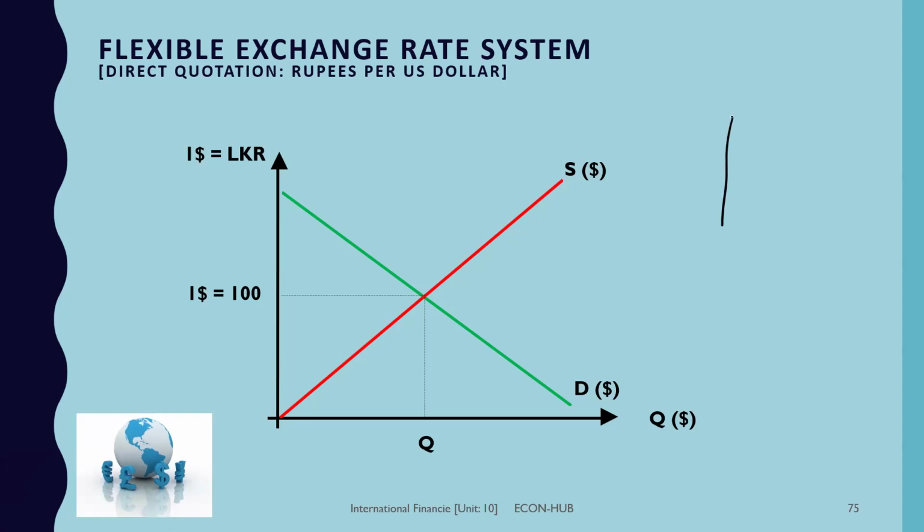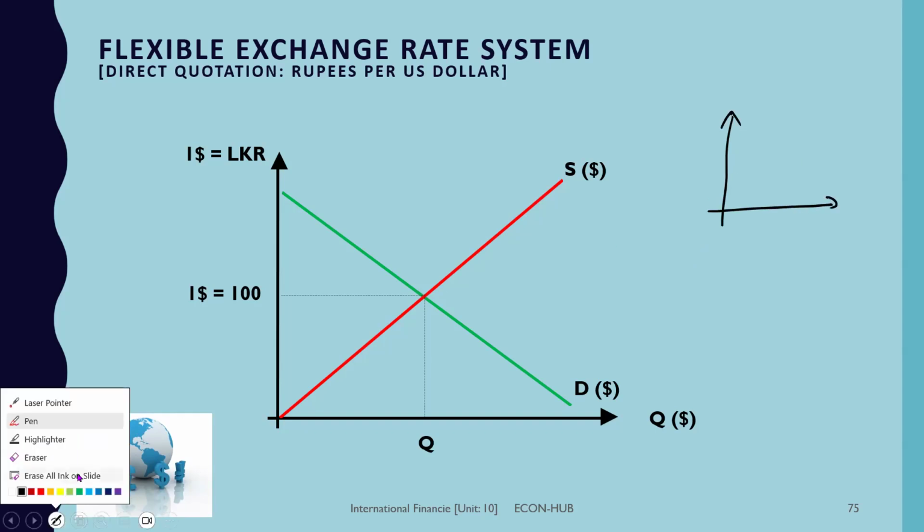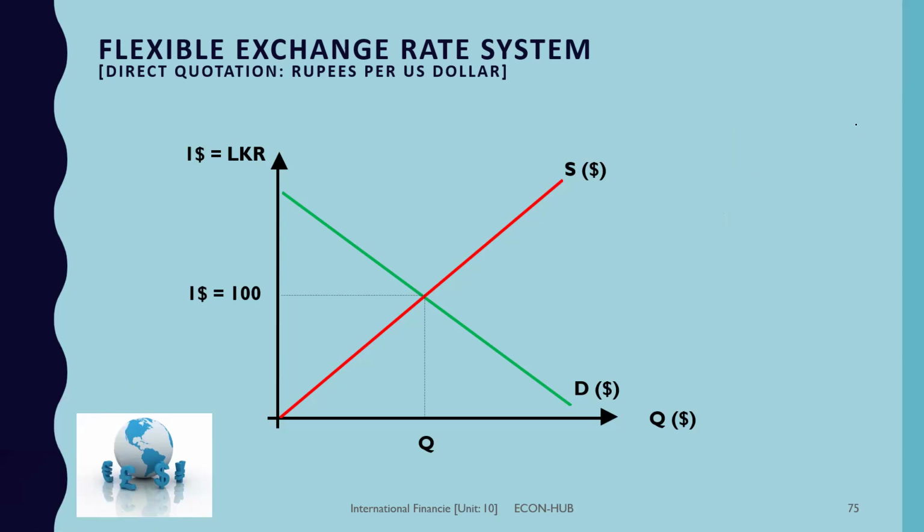Here you can have the same diagram, but in terms of the rupee demand and rupee supply. Get it? So here what you can have is 1 USD equals LKR. Do you see the difference? Here $1 equals LKR.